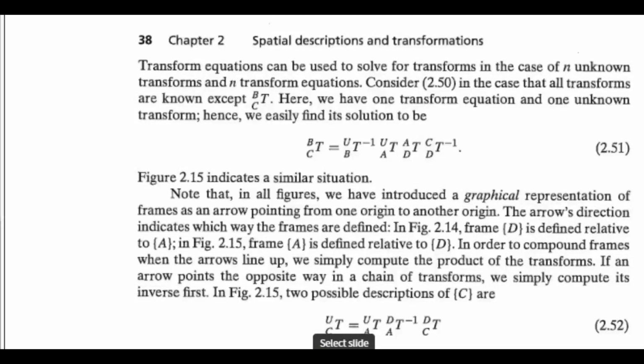So for inverse, you just go through the reverse process. Here the reverse process is BTC equals U T inverse B into UTA and ATD.